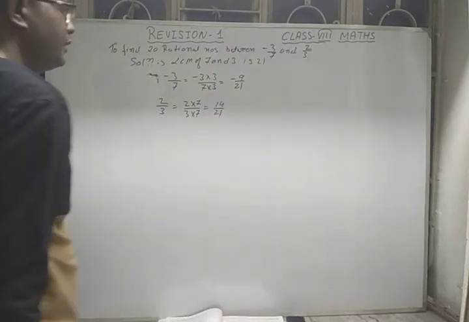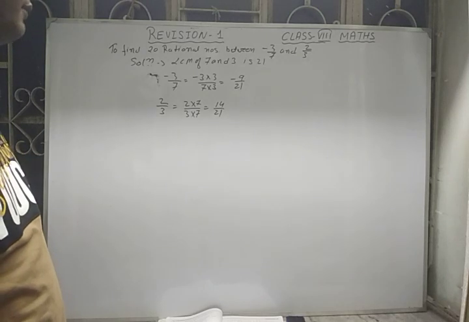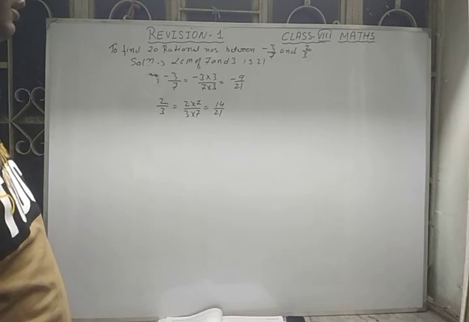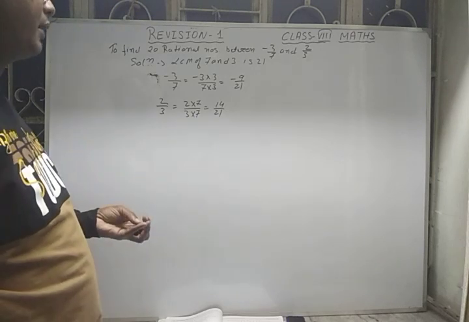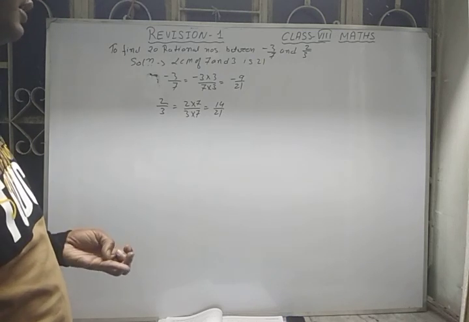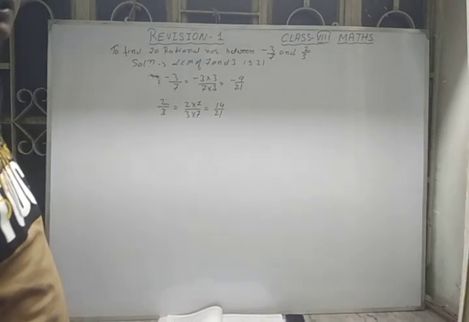Now you have to find 20 rational numbers between -9 and 14. So I think you will get them, because between -9 and 14 there are -8, -7, -6, -5, -4, -3, so there you can get 20 rational numbers between these two.